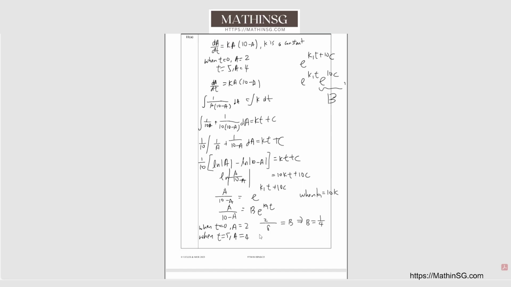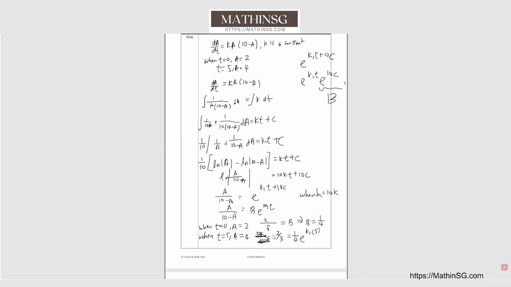So when a is 4, let me substitute in: 4 over 10 minus 4 would be 4 over 6, which is 2/3. And it equals 1 quarter e to the power of k1 t, and t is 5. So let me just cancel this.